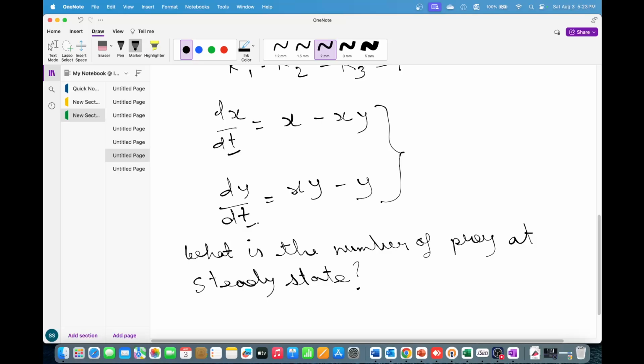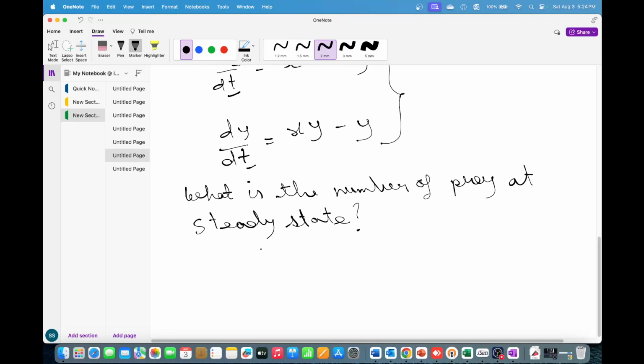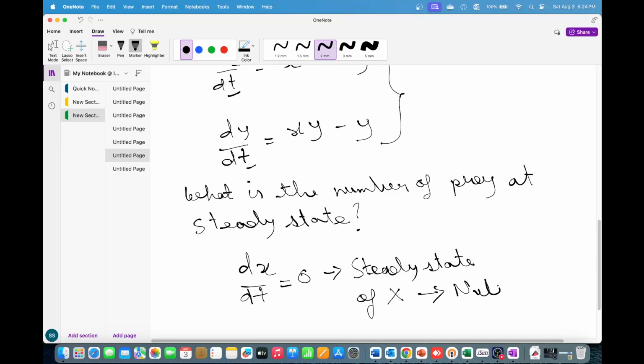If you are asked a question like this, the next question that you should ask is whose steady state? Is it the steady state of the prey or the steady state of the predator? So there are two different steady states here. One is for x and the other is for y. So I'll write it here. When dx/dt you are assuming to be 0, which is the steady state of x only, that is what is called the null cline of x.